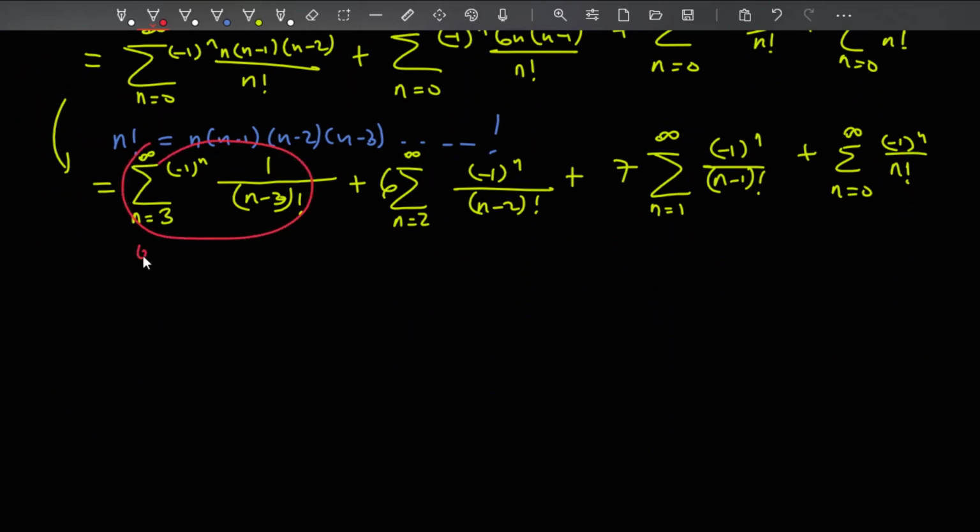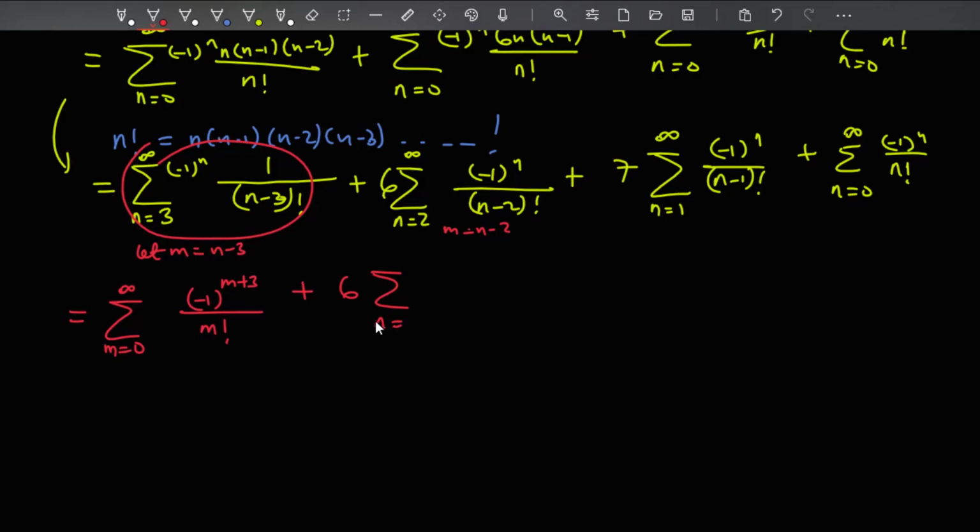So for the first one here, I'm going to let m equal n minus 3. So I'll write this as the summation from m equals 0 to infinity of negative 1 to the power, if you make n the subject of the formula, m plus 3, divided by m!, plus 6 times the summation where, for this, I'll have m equals n minus 2.